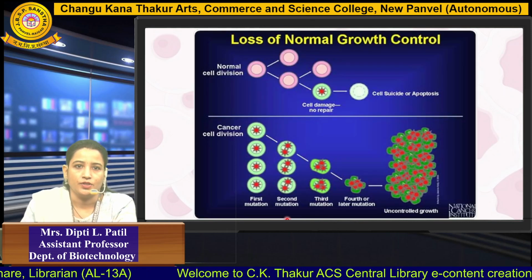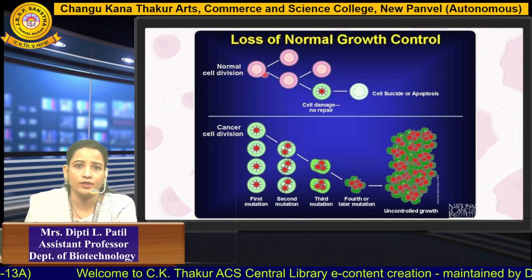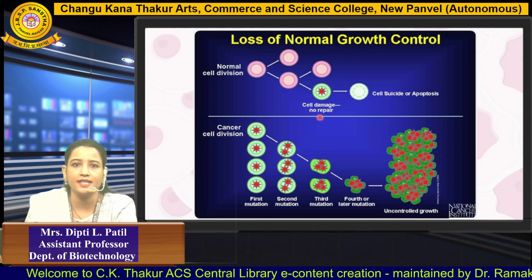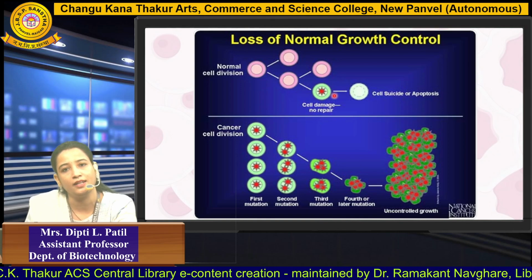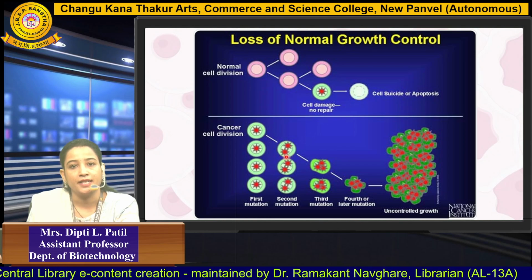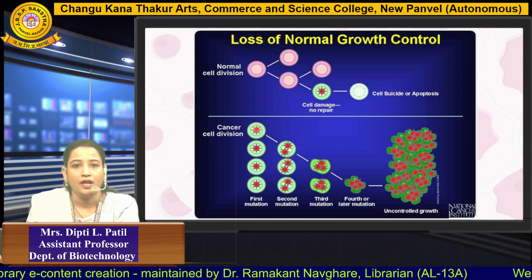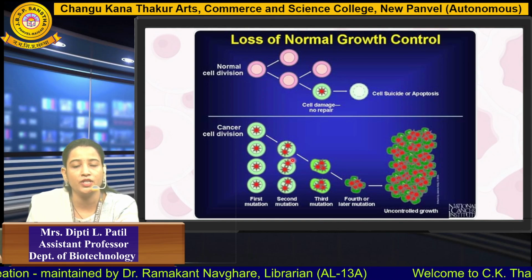You can see in the picture here, this is normal cell division. The normal cell undergoes cell division, and if any unrepairable DNA damage occurs, this cell undergoes apoptosis. You can see. But in the case of the cancer cell, after the first mutation, a subsequent mutation occurs in the cell.